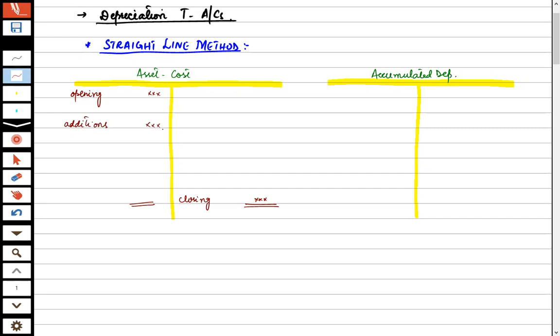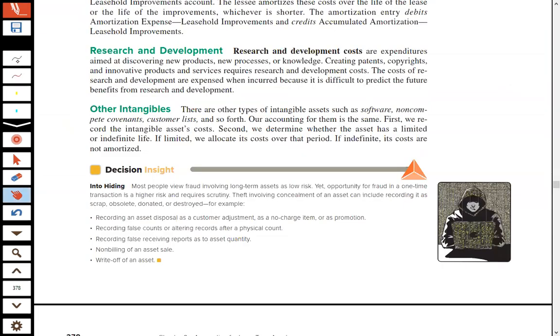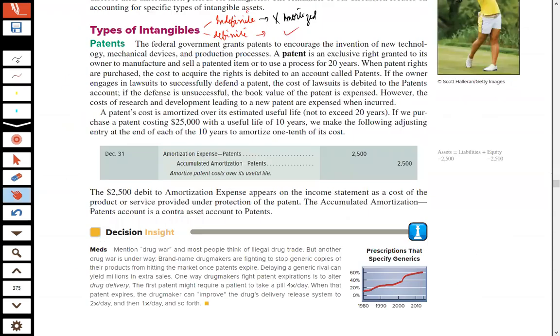Similarly, if we dispose of any asset, then according to the entry, when we dispose of the asset, it will be credited. So any disposal of an asset will be credited. But you remember, any disposal would be recorded at cost.